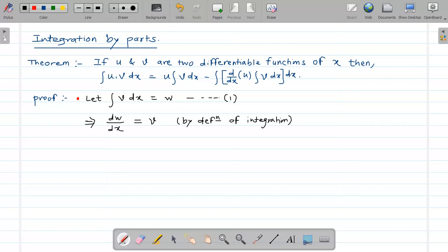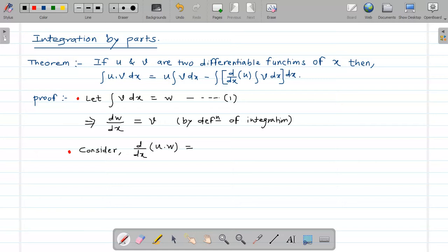Now the next step that we also have to remember: consider d by dx of u into w. This is also a very important step. With this consideration, if you follow all the mathematical steps, then you will get the proof of this result.